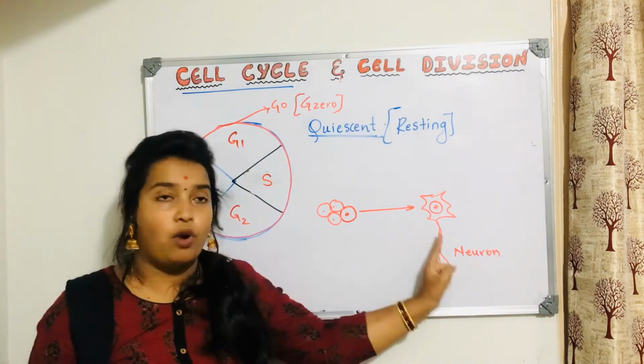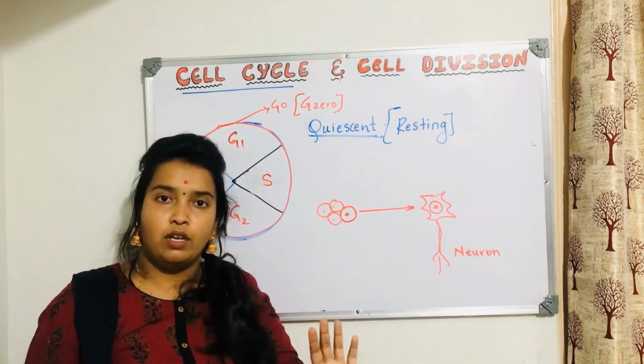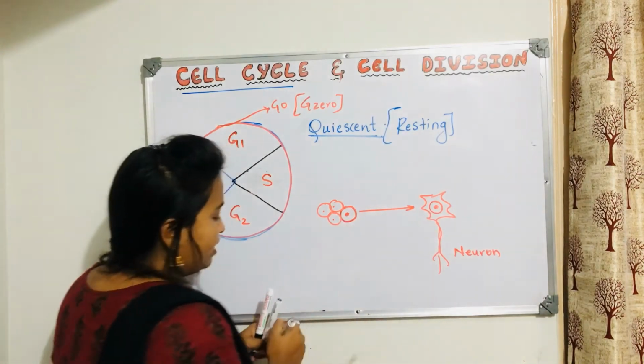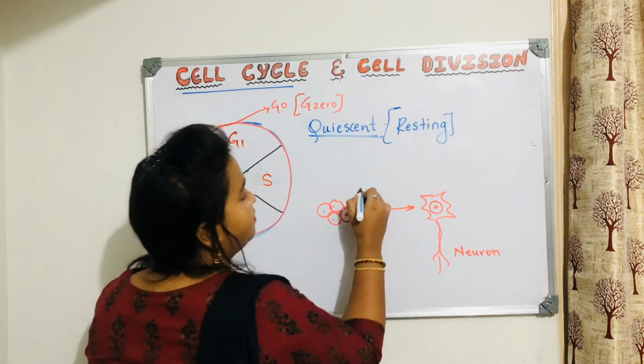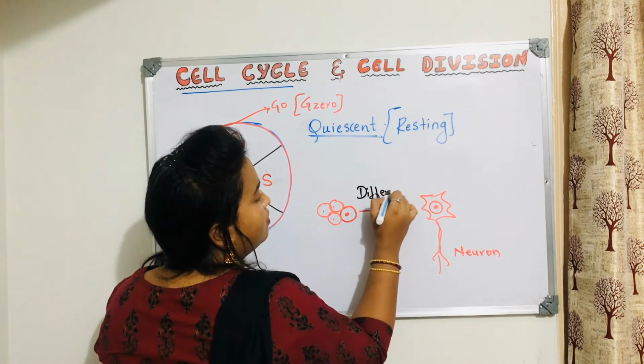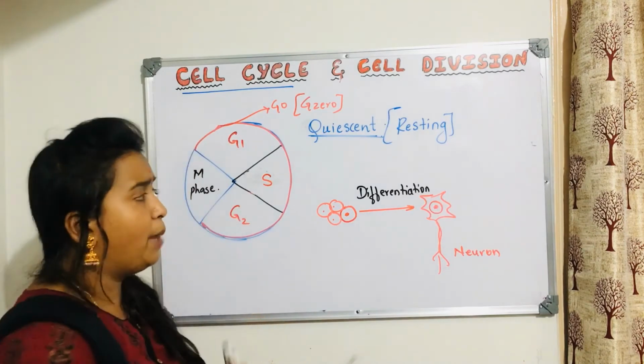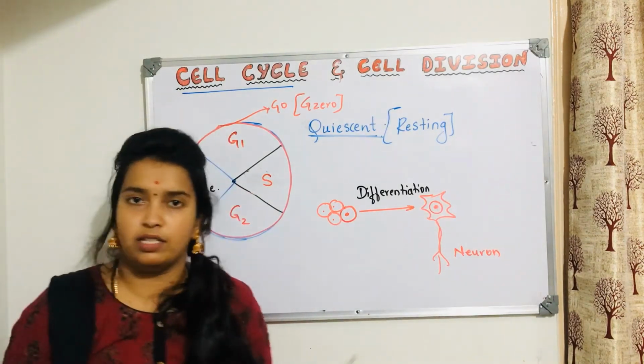Now do you think this neuron will again divide? No. Once the differentiation has happened, this process is called differentiation. Already we have understood differentiation in plant physiology, and you know what is differentiation.